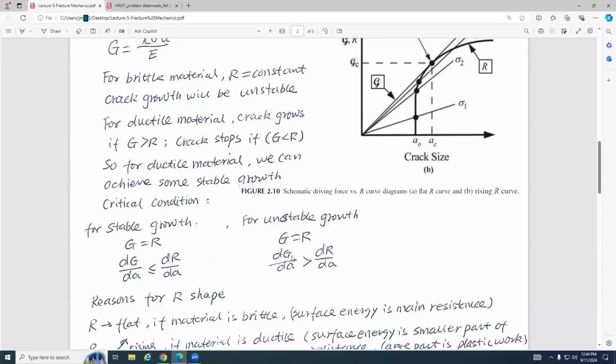Easy. Okay? Did what I said make sense to you? So we just continuously compare the energy release rate G and the resistance R.